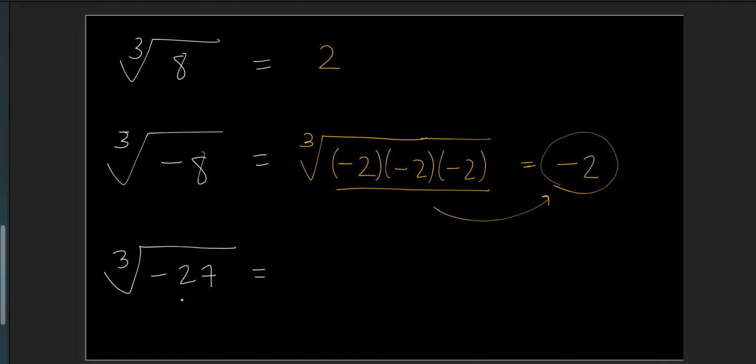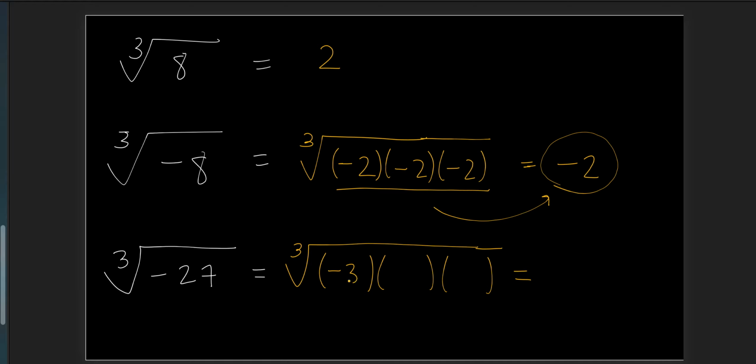So what about the third root of negative 27? You could pause the video and see if you can come up with the answer for that. So what we would be doing is looking for a number that is the same number that when we multiply it 3 times it equals negative 27.